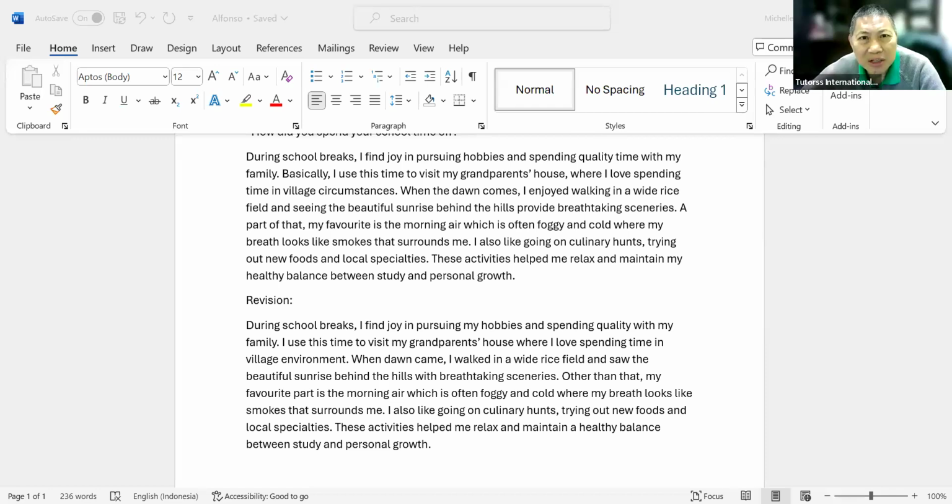Did you use AI or Google Translate to do this? No, because I already learned about past tense and I took the sentence. So how many revisions, or we call it iterations? When you write an essay, you cannot do it correctly right away. So how long did you take to write this essay?